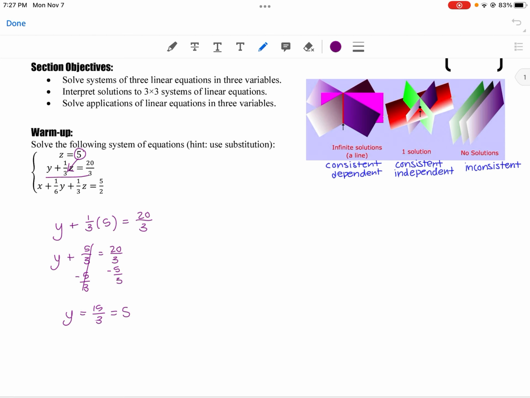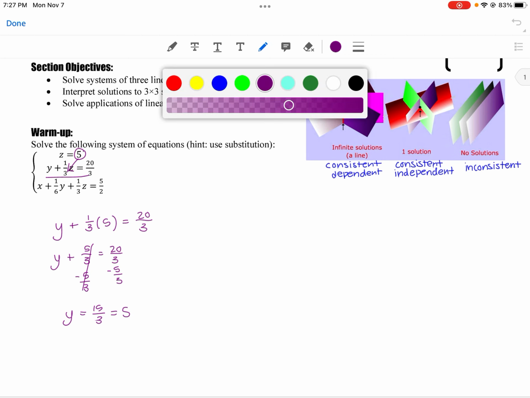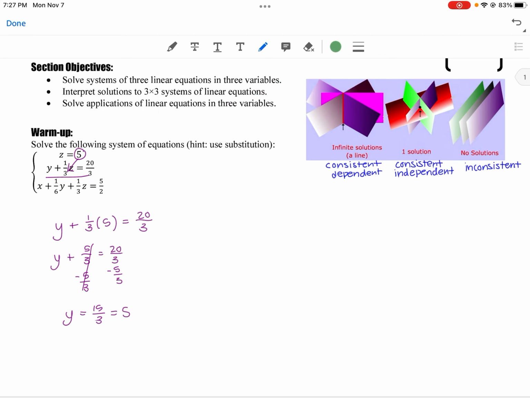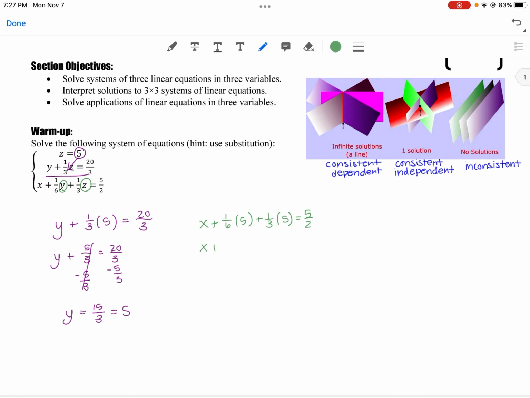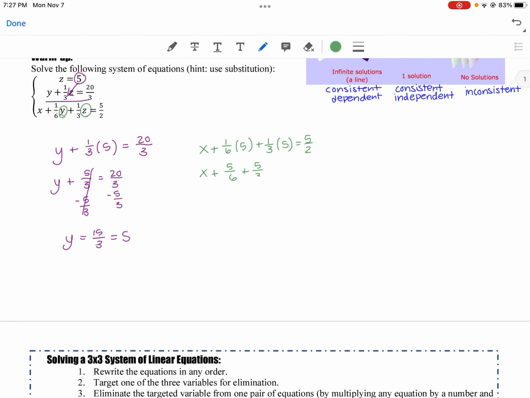Then in this case, we also want to find x. Since we have both a y and a z, we're going to plug in both of those variables. So we know it's x plus 1/6 times 5, which we found for y just previously, plus 1/3 times 5, since we were given that z is also 5, equals 5/2.